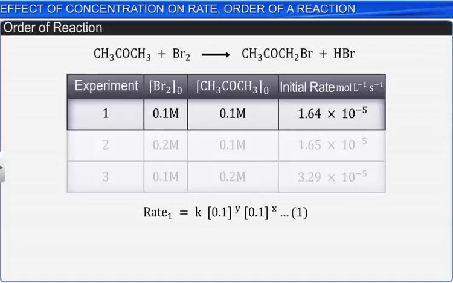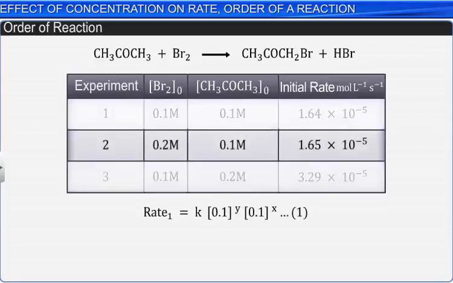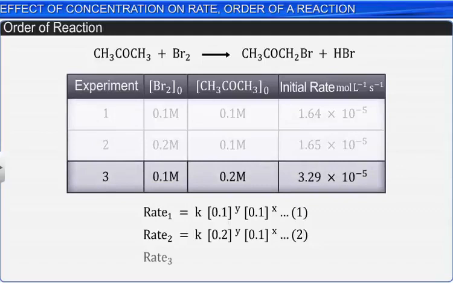For experiment 2, rate 2 is equal to K multiplied by 0.2 to the power y multiplied by 0.1 to the power x. Let this be equation 2. For experiment 3, rate 3 is equal to K multiplied by 0.1 to the power y multiplied by 0.2 to the power x. Let this be equation 3.